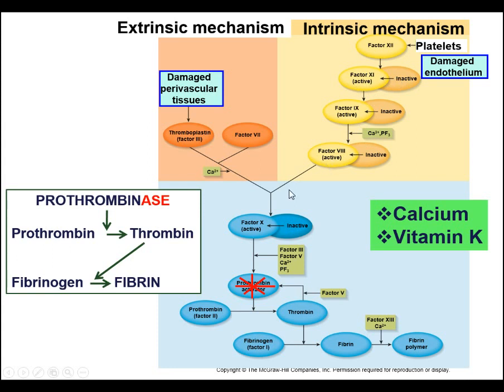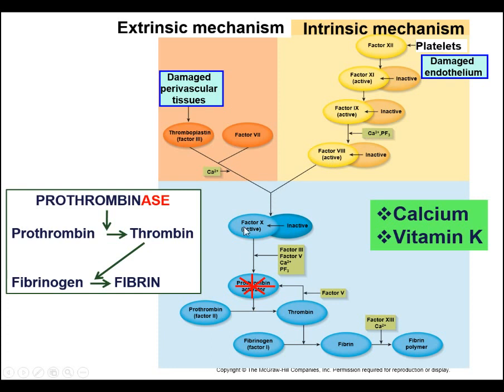They're substances in the blood that will participate as this sequence unfolds. But you don't have to memorize each and every factor here. But let's say we have an injury that damages the tissues or damages the endothelium, and again we know that both are going to arrive at this point once this activity starts.